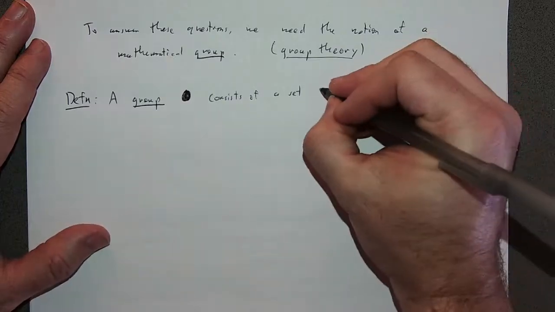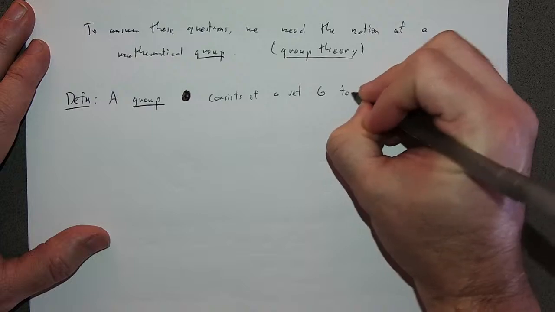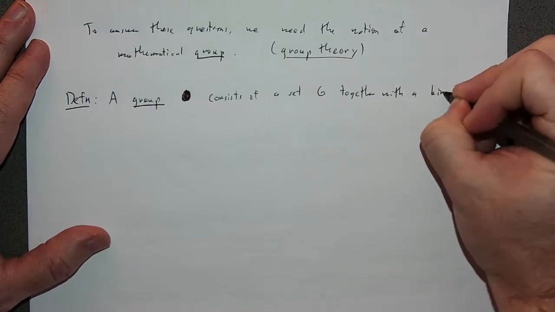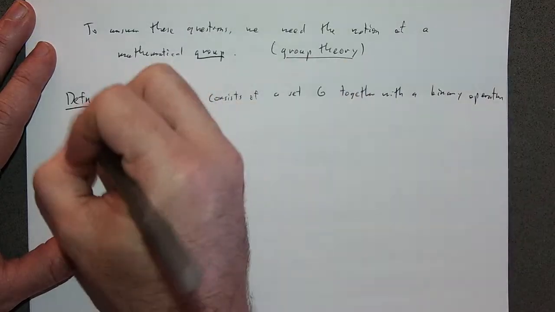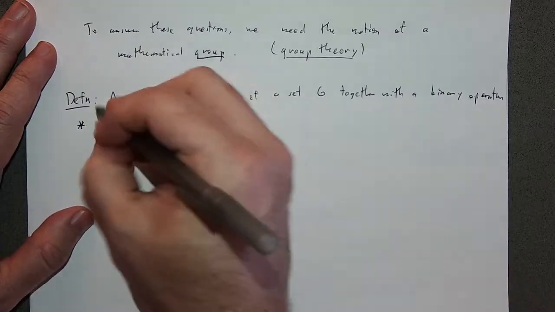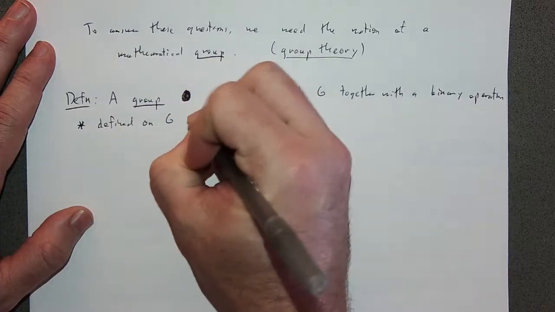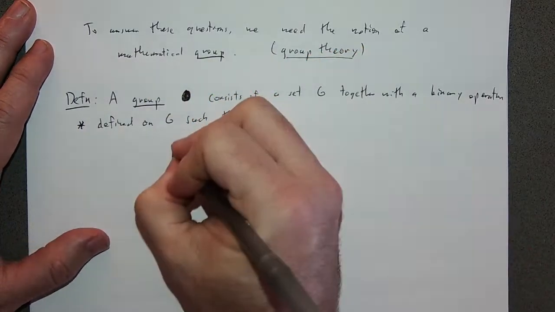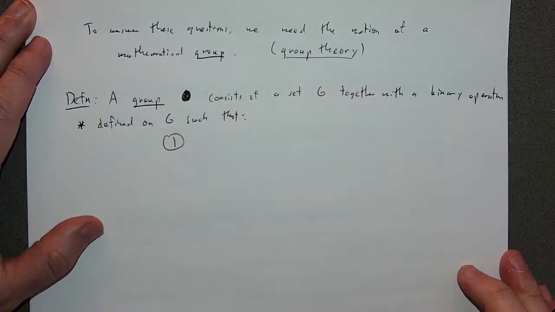A group consists of a set G together with a binary operation that we'll call star, defined on G, such that we have a few properties this has to satisfy.